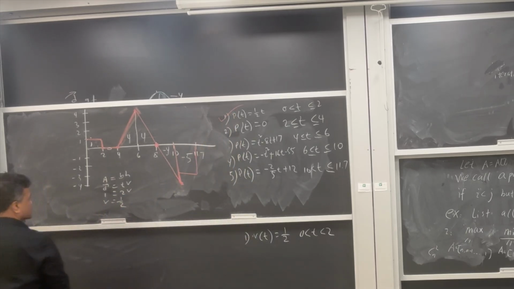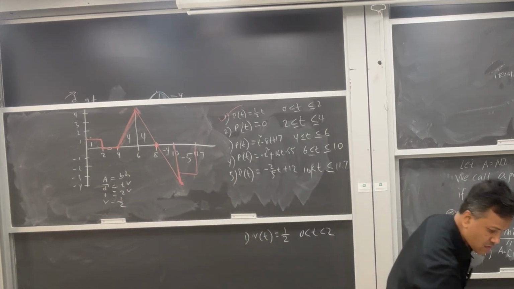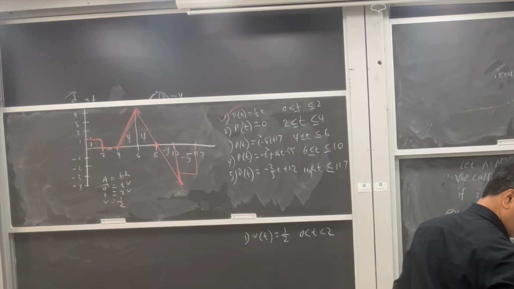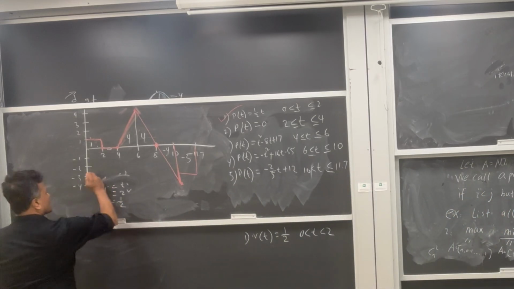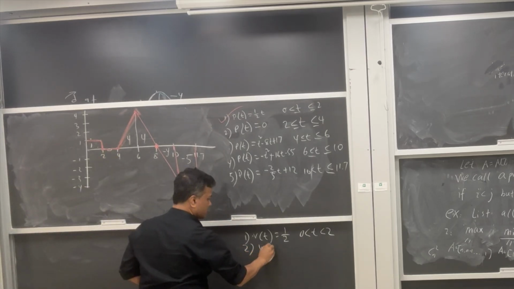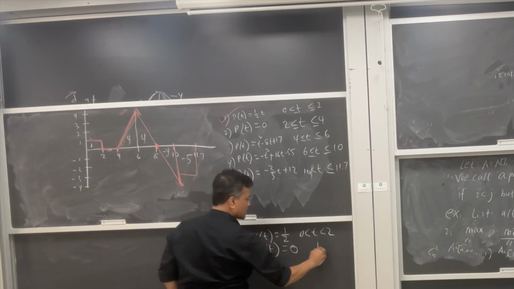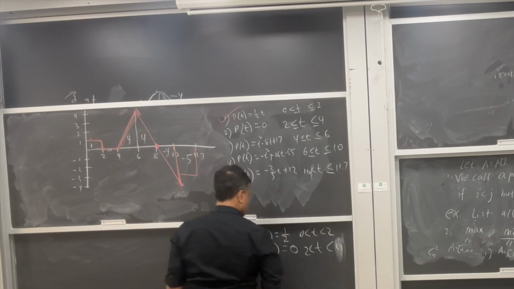Now let's do the next one. Change the chalk. Okay. All right. Getting tired. The second one is easy. V of t is 0. So t is between 2 and 4.